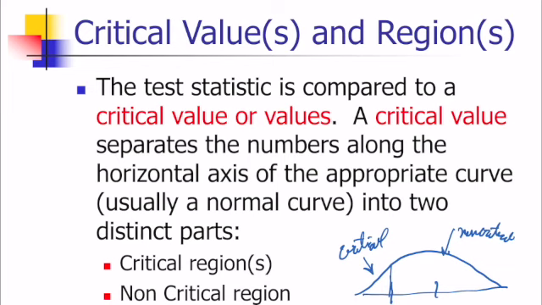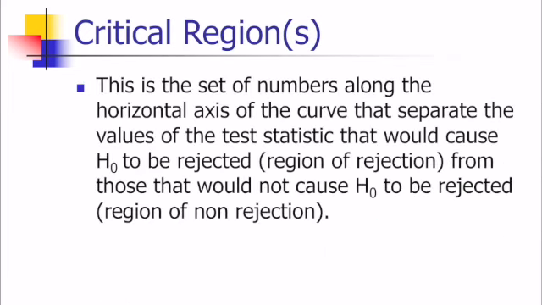The critical region is the set of values that would cause H naught to be rejected, as opposed to those that would cause H naught to not be rejected.